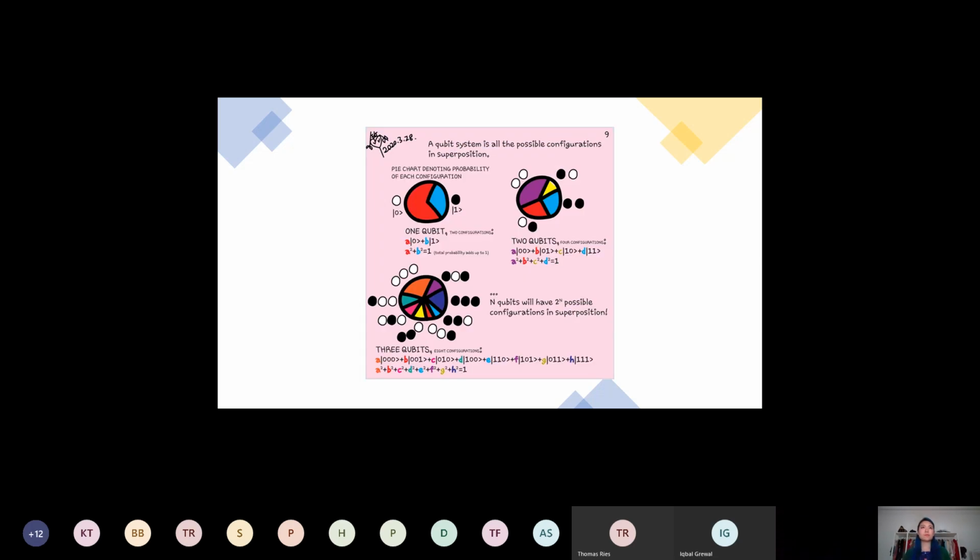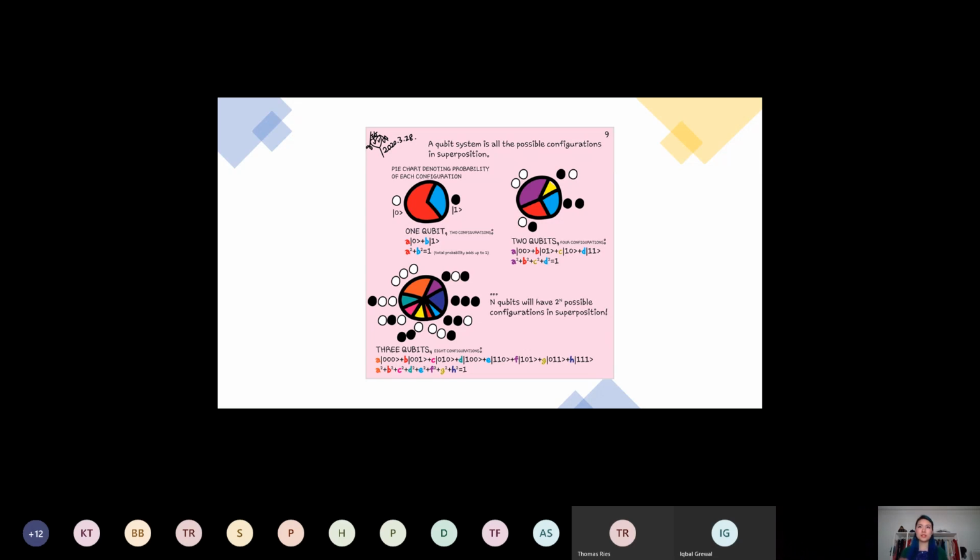Then what does this lead to? Say you have 1 qubit, you will have this first configuration. On the left here, you can have the state having some amplitude of being 0 and some amplitude of being 1. And A and B here are both arbitrary numbers, could be positive, negative, or complex.